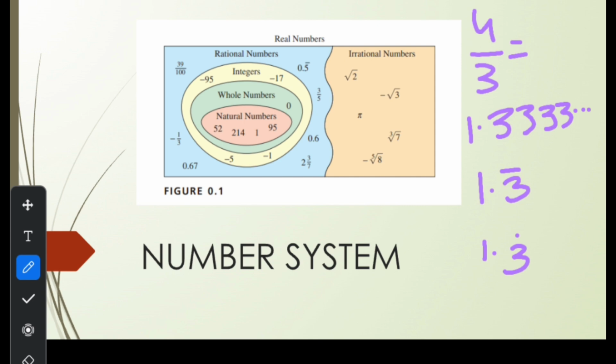So rational numbers have non-terminating decimal numbers and terminating decimal numbers. So this is the example of a non-terminating decimal number.